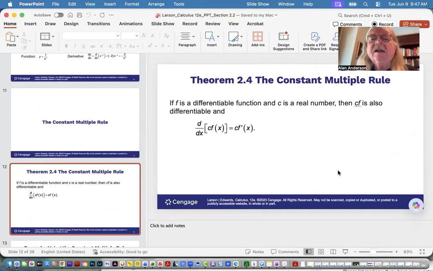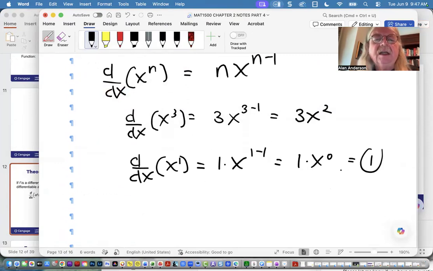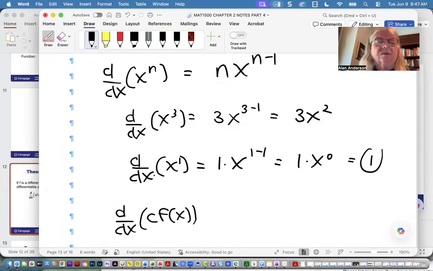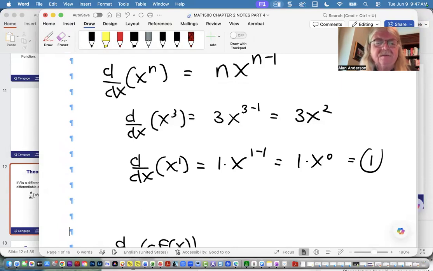Constant multiple rule. Now, anytime, no matter what the situation is, if you have a constant involved in your derivative, and they're giving it a separate name, the so-called constant multiple rule. Not every book uses the exact same terminology for these.